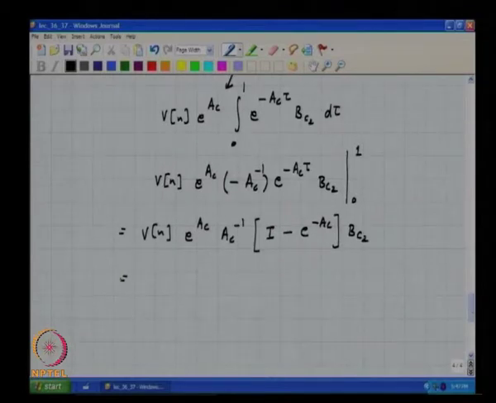Because AC inverse and e to the AC commute, I can flip the order of multiplication and push e to the AC inside, and I will get AC inverse times e to the AC minus I into BC2 times Vn.